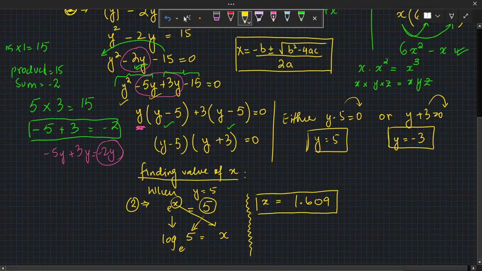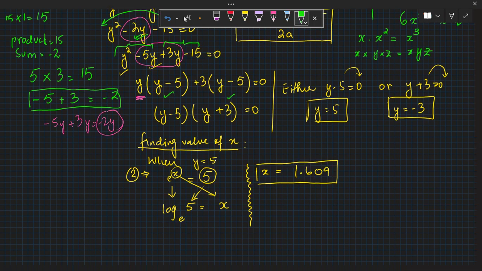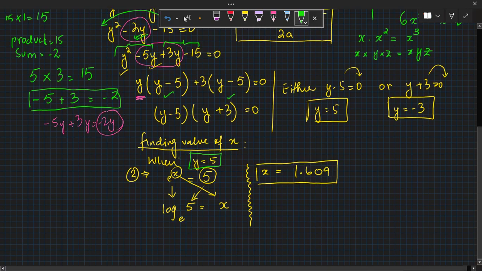So, are we left with another value of y? Because we have just put y equal to 5. Are we going to put another value of y? Do we have another value? Yes, minus 3.